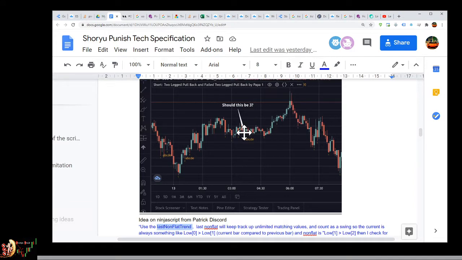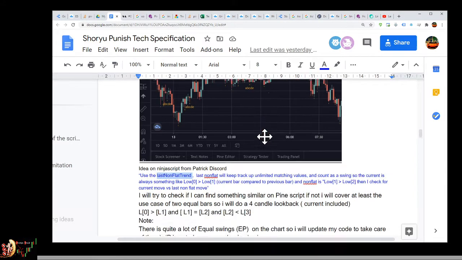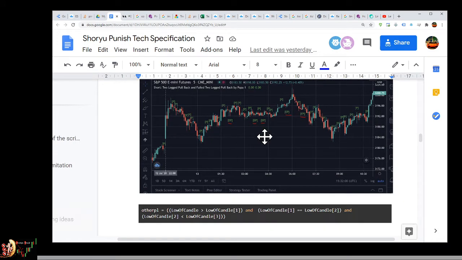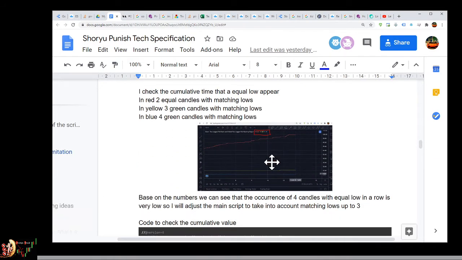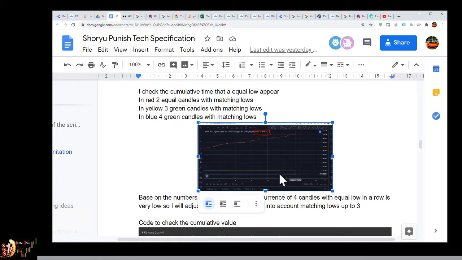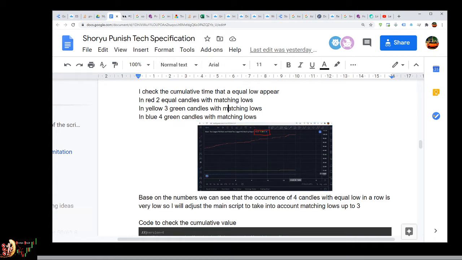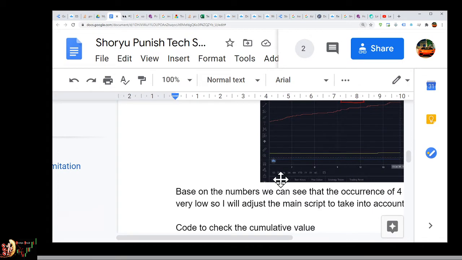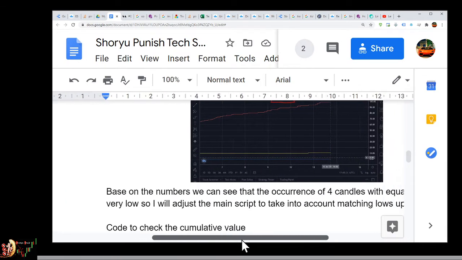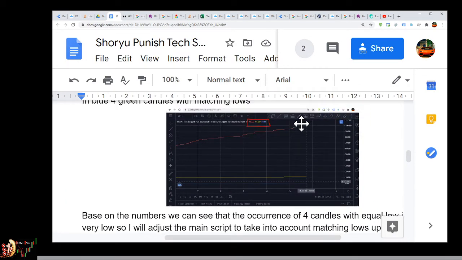But to understand where I need to stop, I computed the cumulative value of when we have matching lows. So let's say 3 candle matching lows, 4 candles matching lows, 6 candles matching lows, right? If I zoom, what you can see over here in red is when we have 2 candle matching lows since the beginning of June until now.